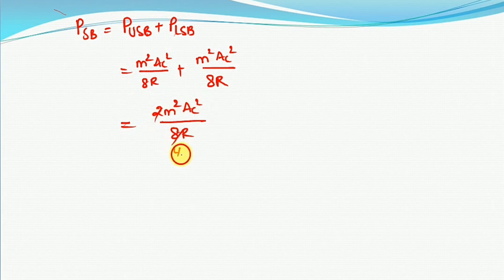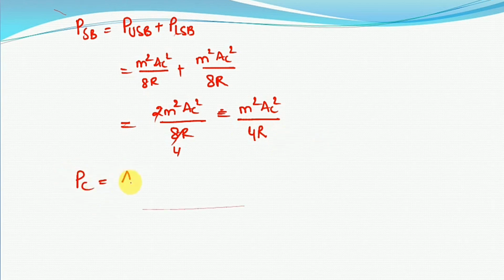So 2 ones are 2, 2 fours are 8, so it is equal to m square AC square by 4R. So finally the carrier power PC is equal to AC square by 2R, and the sideband power PSB is equal to m square into AC square by 4R.